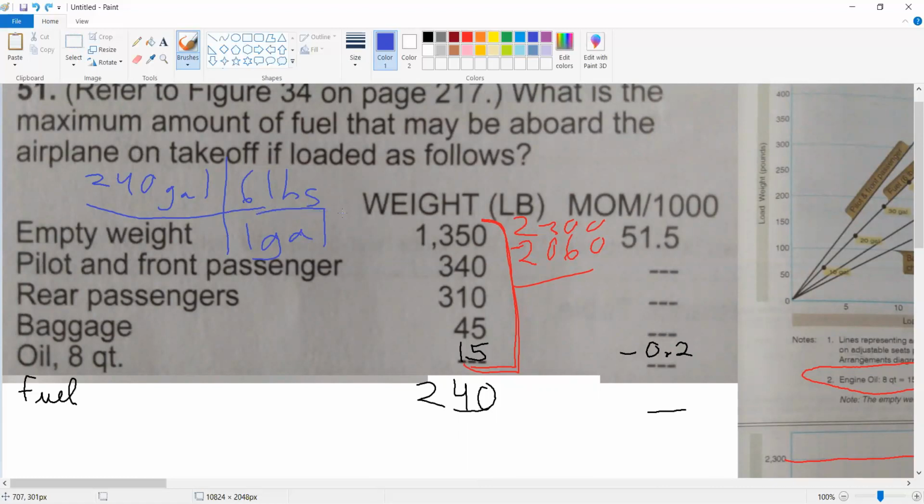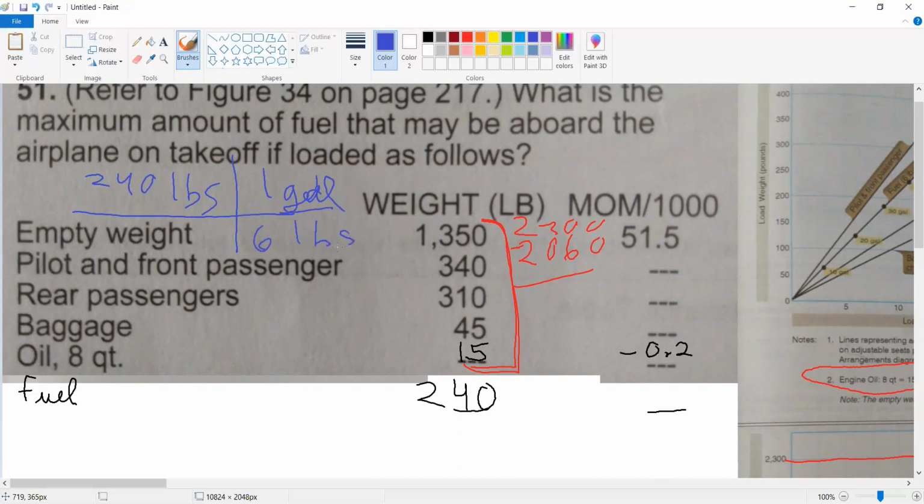Excuse me, I wrote that incorrectly. I made a mistake. This is 240 pounds. And we know that 1 gallon equals 6 pounds.